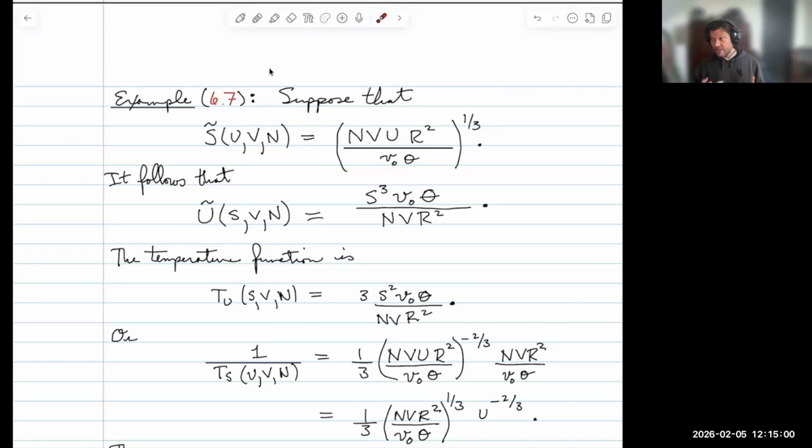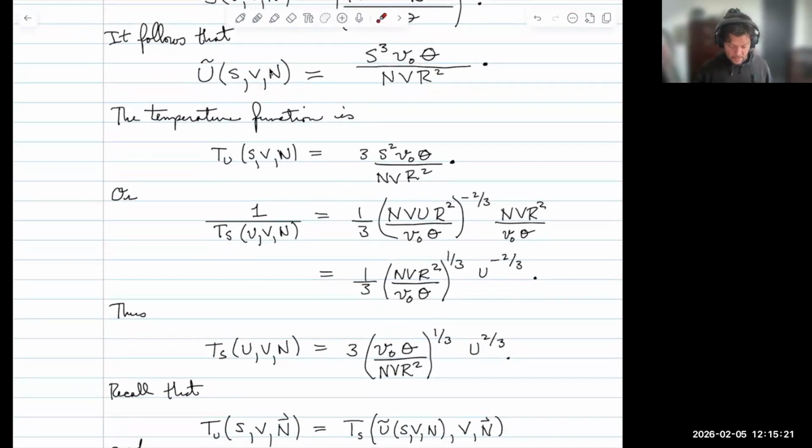Of course, I can invert this pretty easily for the U variable. So instead of thinking about entropy as a function of internal energy, volume, and number of moles, I can look at the internal energy as a function of entropy, volume, and number of moles.